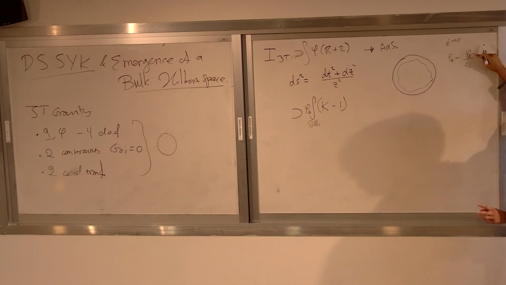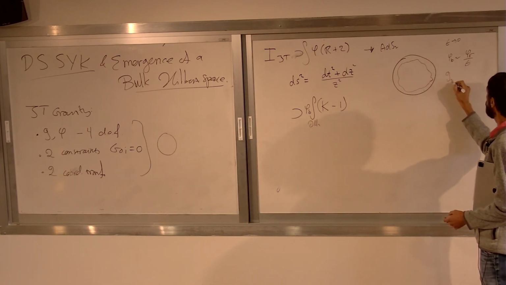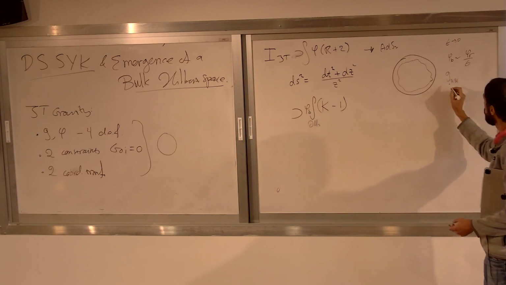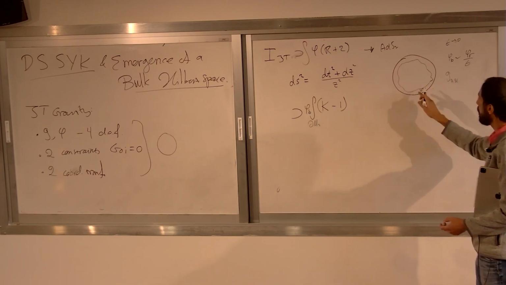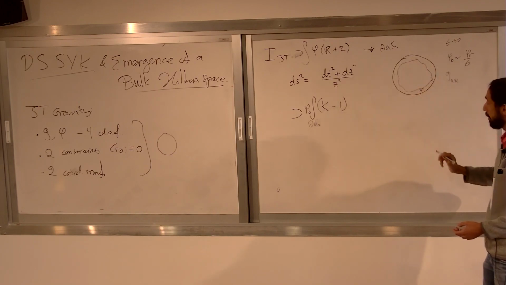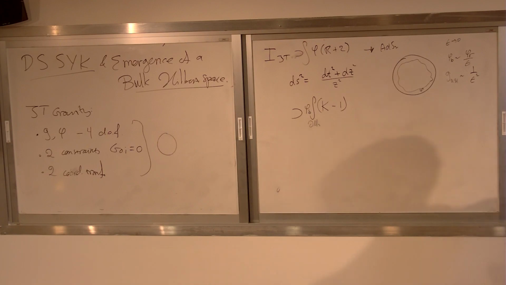Phi_r is the renormalized value of phi, some constant finite number, over epsilon, so this thing diverges. And g_uu, where u is meant to denote the time along this wiggly curve, goes as 1 over epsilon squared. Okay.